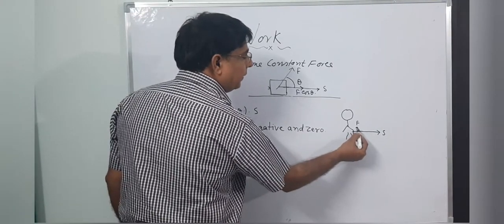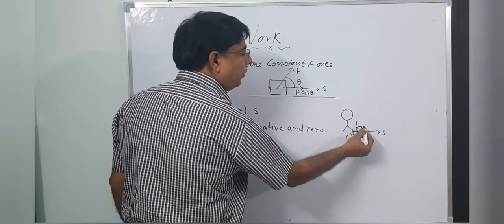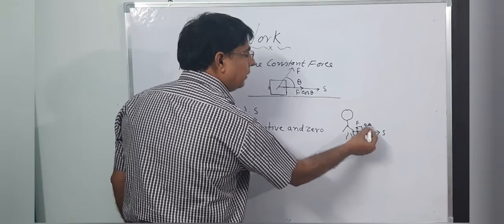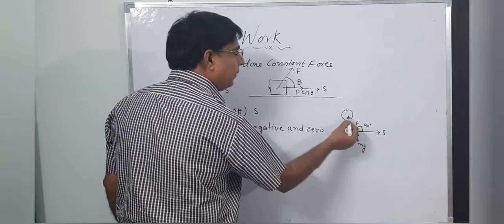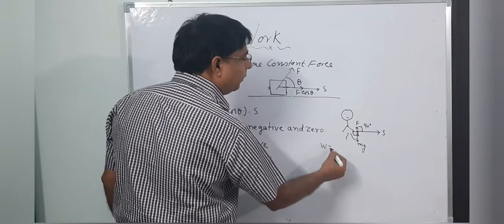Therefore, the angle between the displacement and the force is 90 degree. So, work done by this person will be equal to 0.